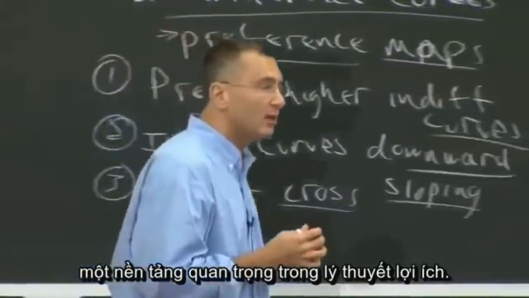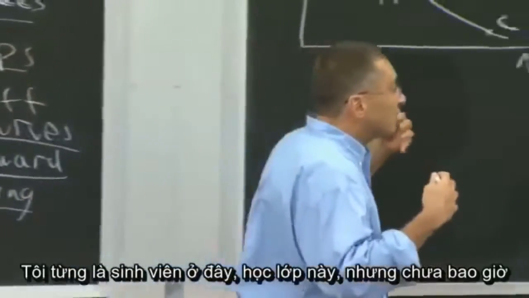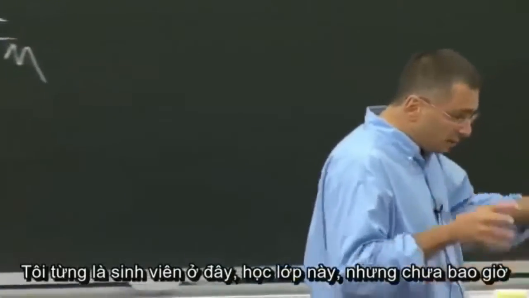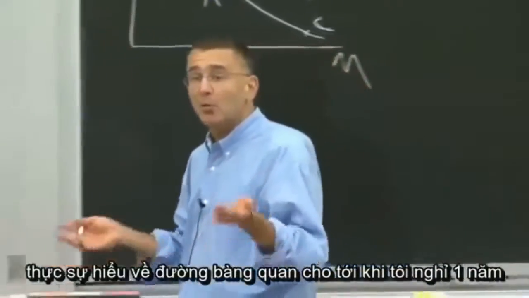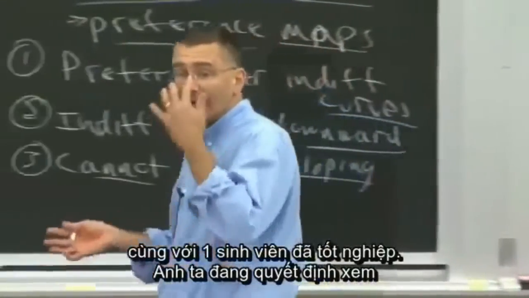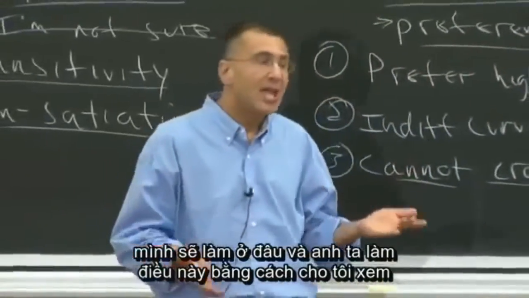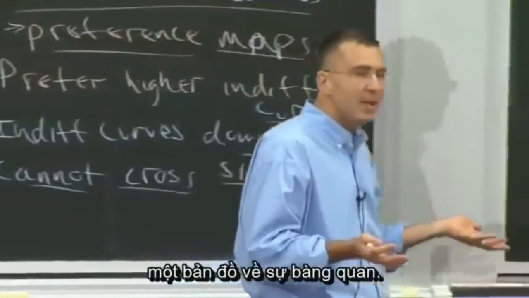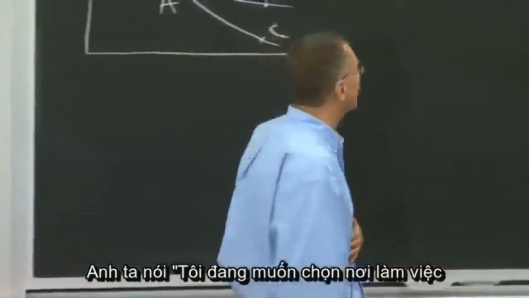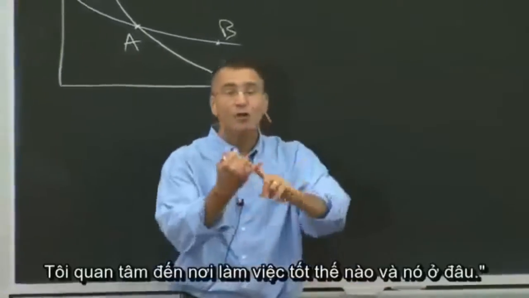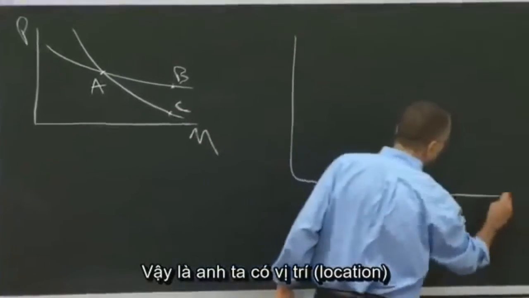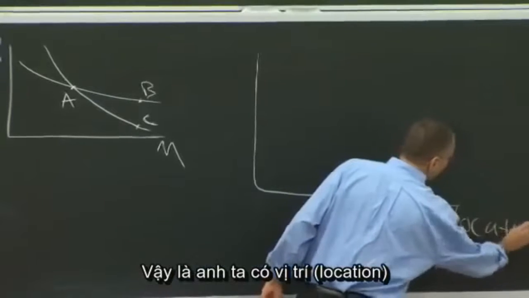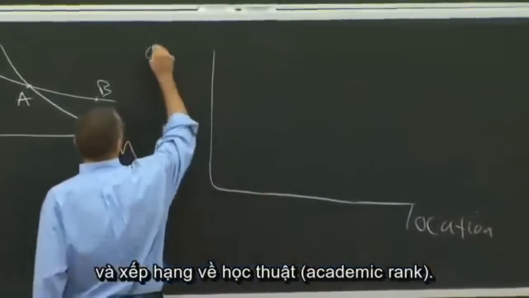Now, I was an undergrad here and took this course, but I never really understood indifference curves until I had a year with a grad student who was trying to decide where to take a job. And he did it by showing me an indifference map. He said, look, I'm trying to decide where to take a job, and I care about 2 things. I care about how good the place is and where it is. So here he had location, and he had academic rank.